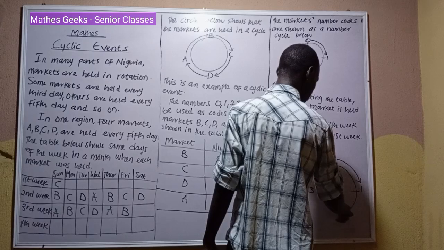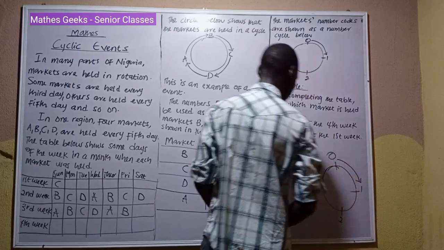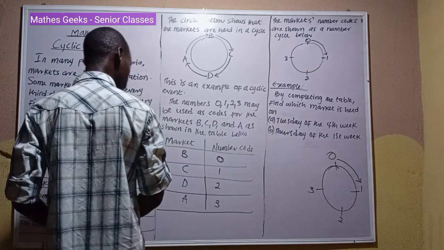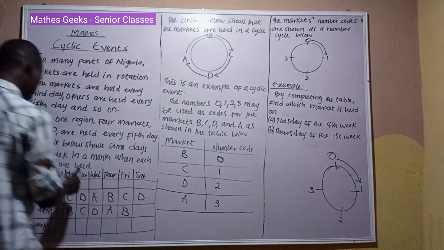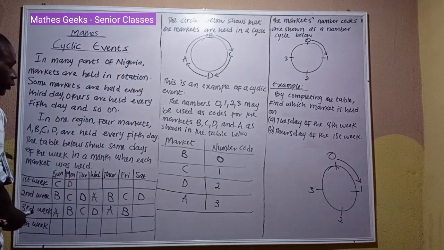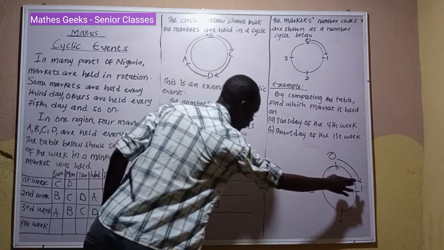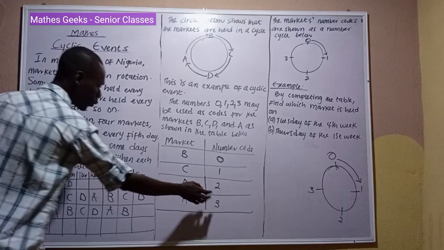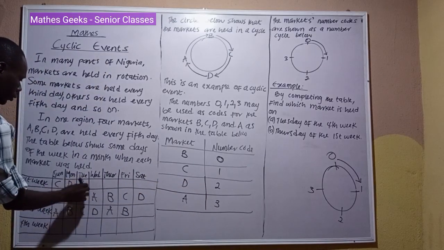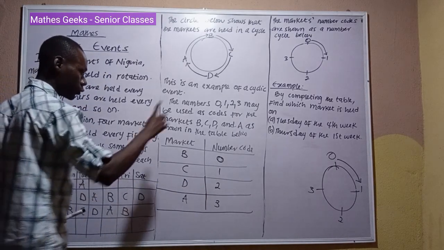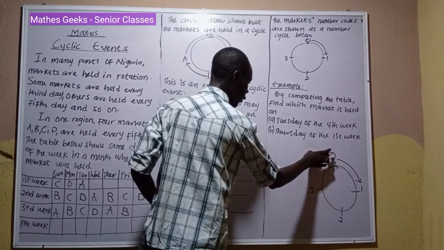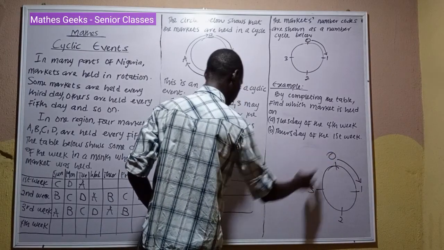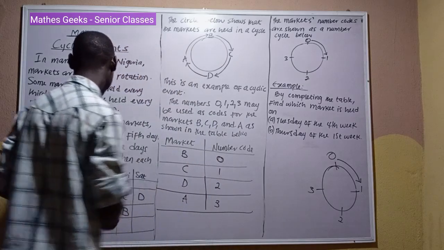So 4 days after, rotate, that will be 2, which is D. The next one will be to move from 2 to 3, and 3 is A. So rotate again from 3 to 0, which is the next market day, 4 days after. 3 to 0 is B.